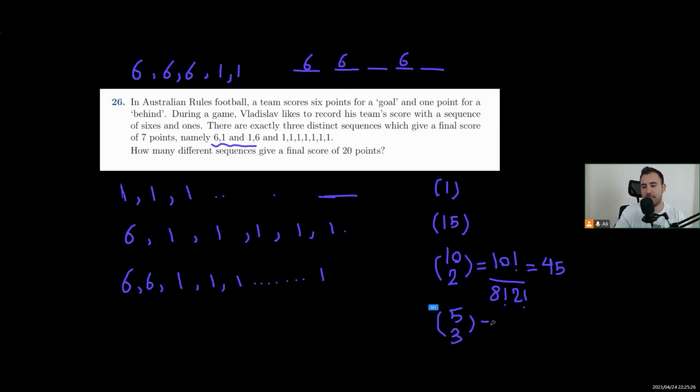This would be 5 factorial divided by 3 factorial and 2 factorial here. So it would be 5 times 4 divided by 2, 10. So let's add up everything. 45 and 10 is 55, 70, and 71.